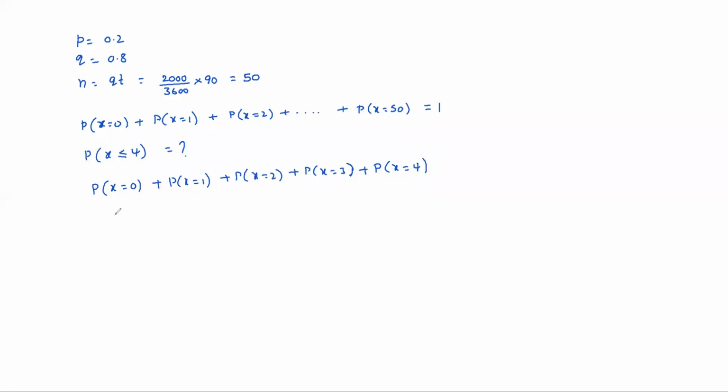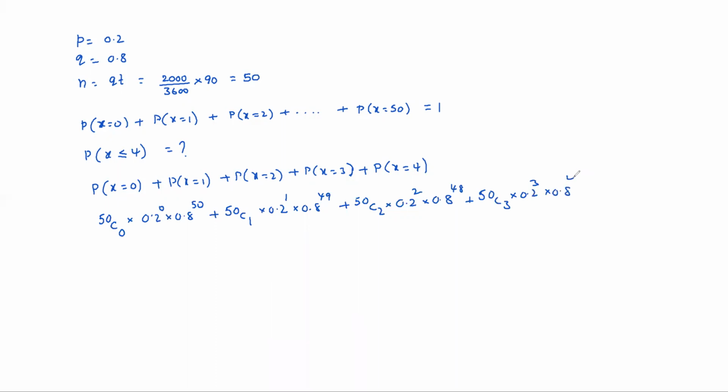So x equal to 0 means 50C0 times 0.2 power 0 times 0.8 power 50, plus 50C1 times 0.2 power 1 times 0.8 power 49, plus 50C2 times 0.2 square times 0.8 power 48, plus 50C3 times 0.2 cube times 0.8 to the power of 47, plus 50C4 times 0.2 to the power of 4 times 0.8 to the power of 46.